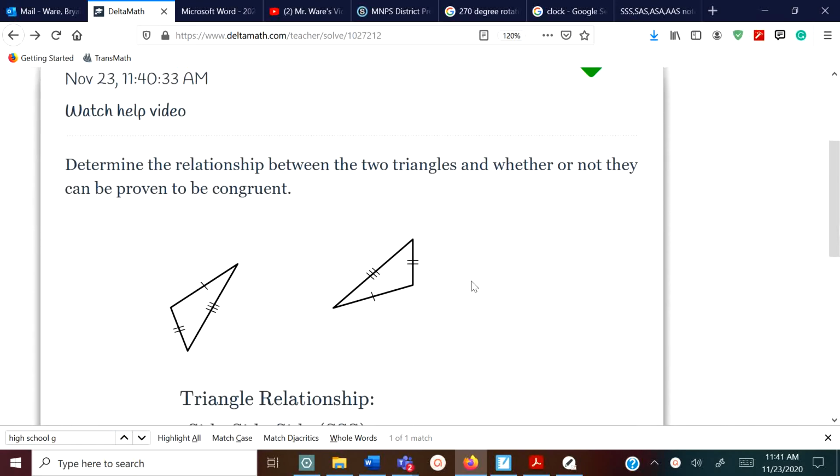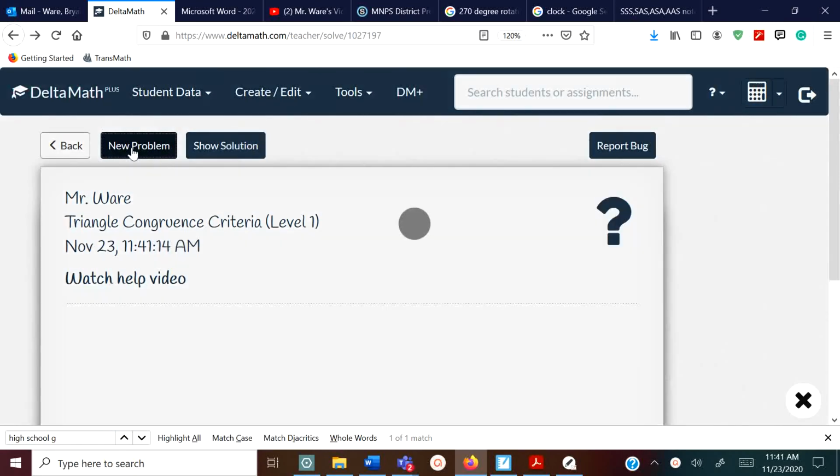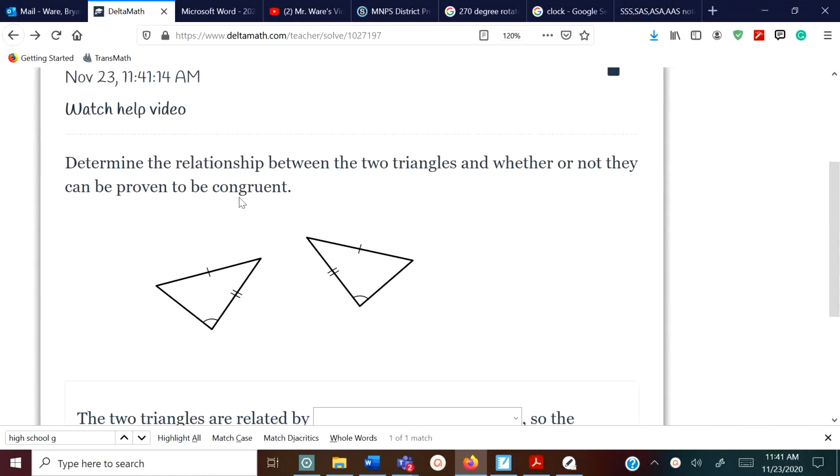Alright, let's see if we come across one that cannot be proven. Okay, so here we've got an angle and we've got two sides. The angle is not in between the two sides though. So this would be side-side-angle, right? Let's see if that's one of our options.